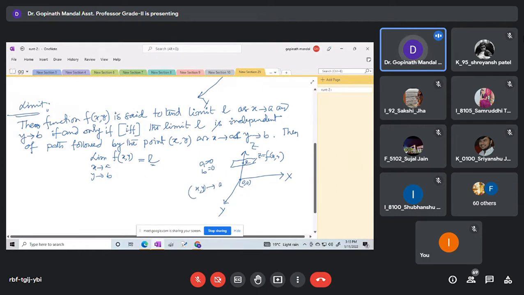So (x,y) tends to (0,0), and the limit will be L, whether by this path, or by this path, or by this path. For all the cases, the limit will be L. Then the function has a limit L.